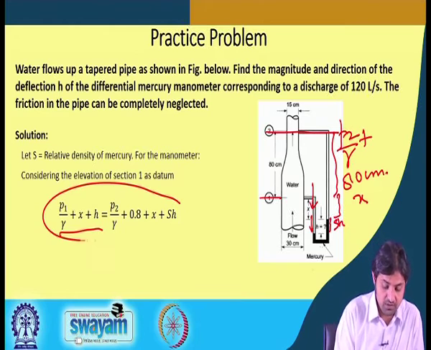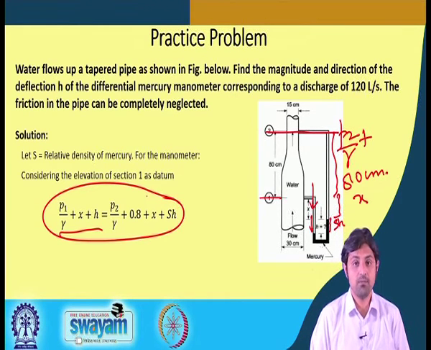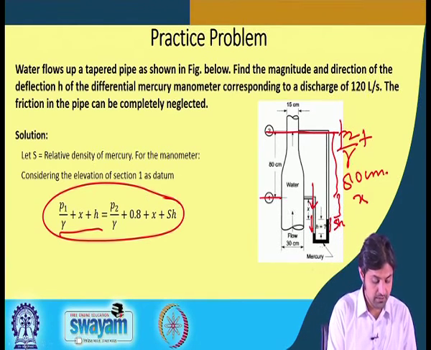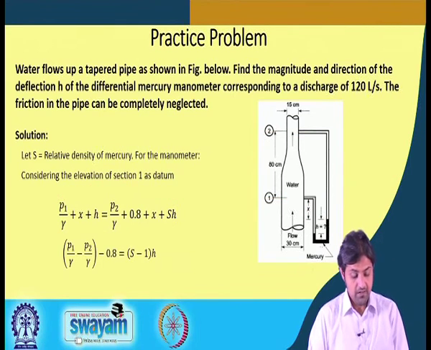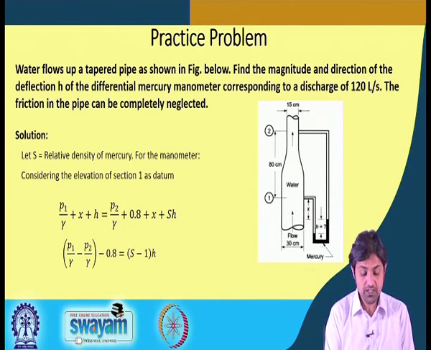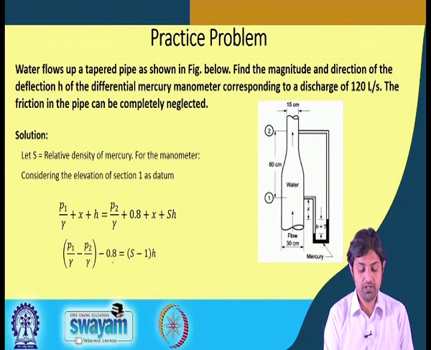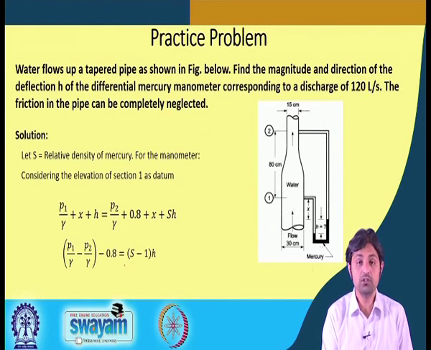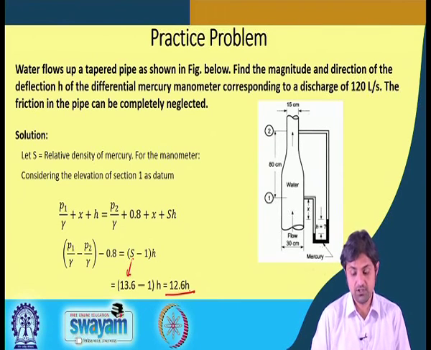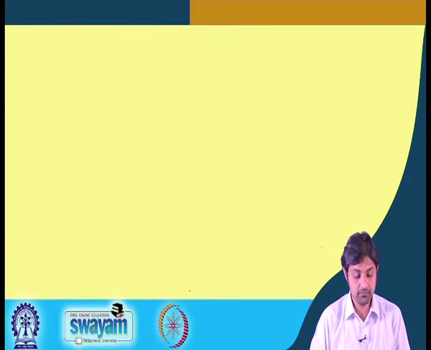This is how we get this equation. So, we can write P1 by gamma minus P2 by gamma minus 0.8, because X gets cancelled, is equal to S minus 1 into H. S is 13.6, so that becomes 12.6 into H.